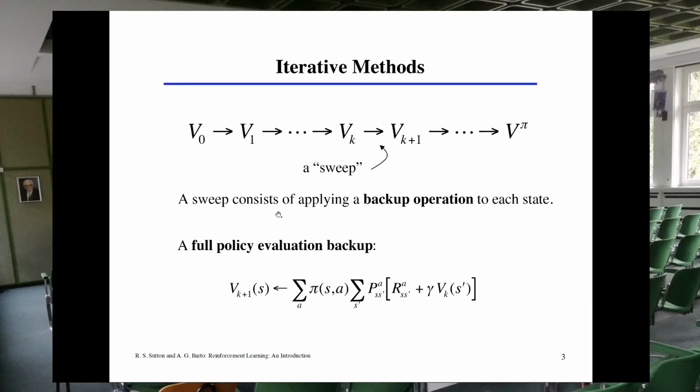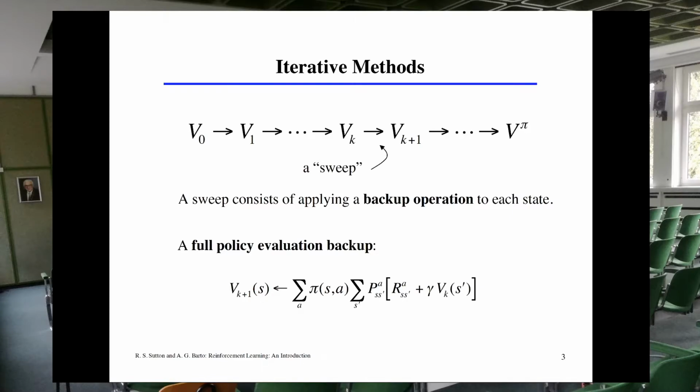So a sweep consists of applying a backup operation to each state. A full policy evaluation backup consists then in applying this rule, which is the Bellman equation, to update the value for every state in your MDP.